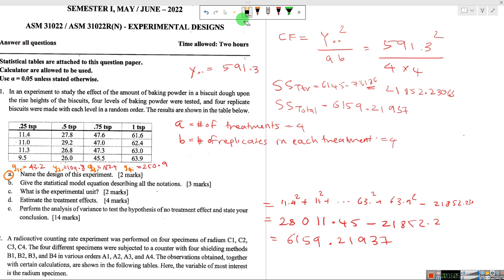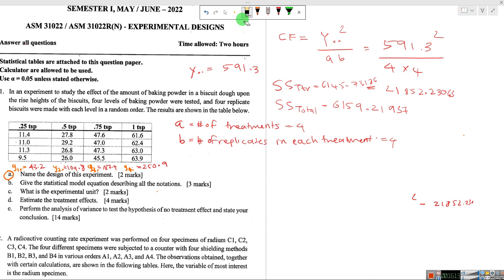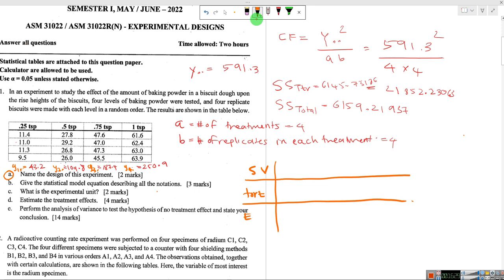Now we will try to construct this Anova table. This is a one-way Anova table. The sources of variation we have are treatment, error, and total variation.